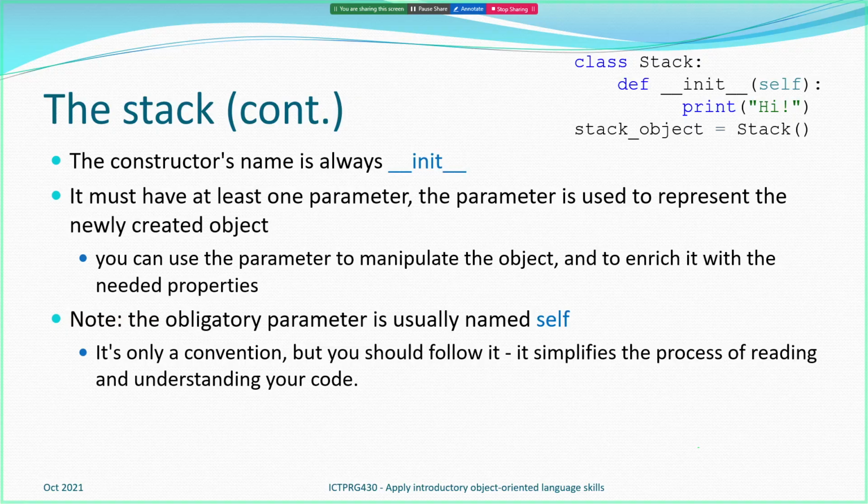Then we're going to print hi as the default for that class. So when we create an object called stack object, which is equal to stack class, we will generate an activity called print hi.